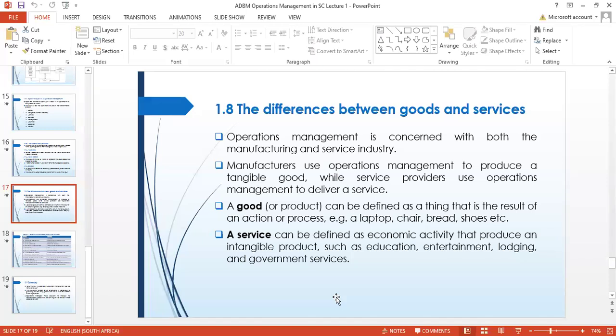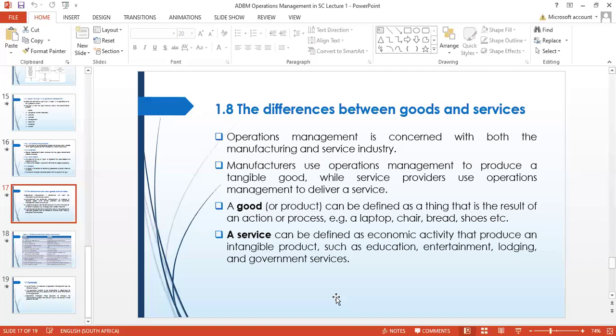So a good, or you can say a product, we're talking of a thing that is the result of an action or a process. We're talking of a chair, bread, shoes, the clothes that you buy, the laptops, cell phones, they are all goods, they are all products. And when we're talking of a service, it's an economic activity that produces an intangible product.